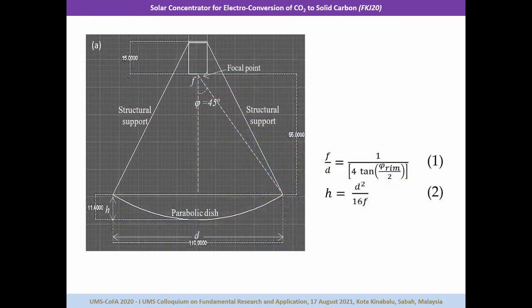One of the important things that we considered during the design of the parabolic dish is to find the focal point of the parabolic dish. So we can use two formulas shown in this figure, where the focal point is indicated by equation number 1 and equation number 2, where d is the distance from this point to this point, and h is the depth of the parabolic dish.